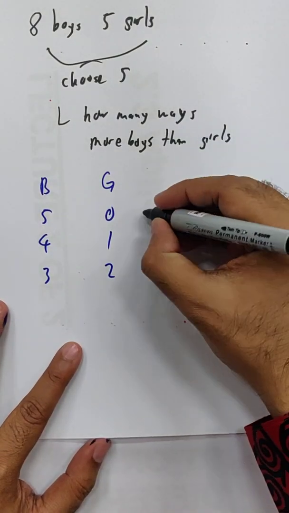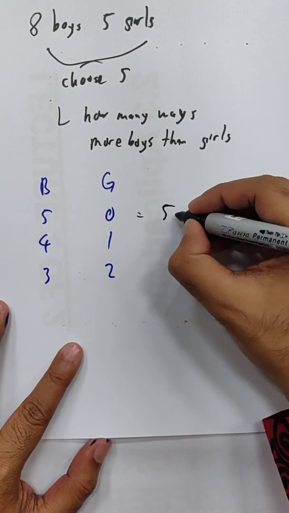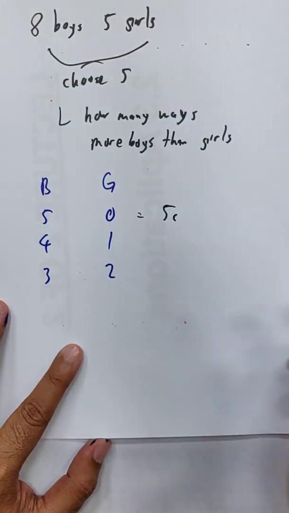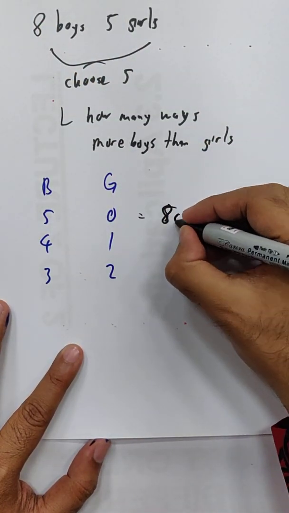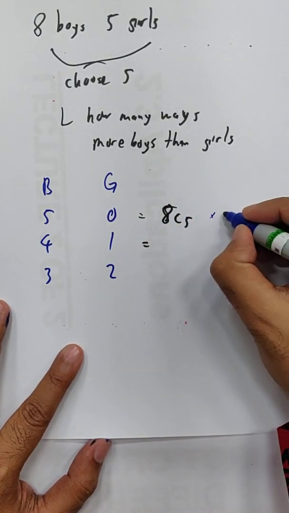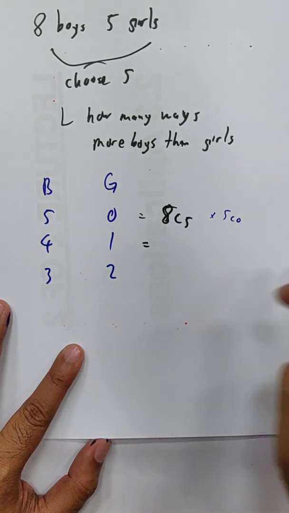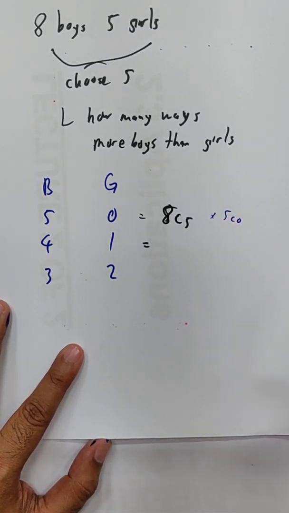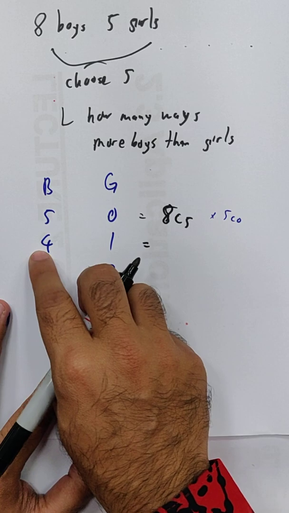Simply, we got 8 boys. 8C5, 0 you don't have to calculate. Or if you're super kiasu, then you may calculate 5C0. People say this is 1, sir, but I don't care because you multiply by 1, you're still going to get 1.